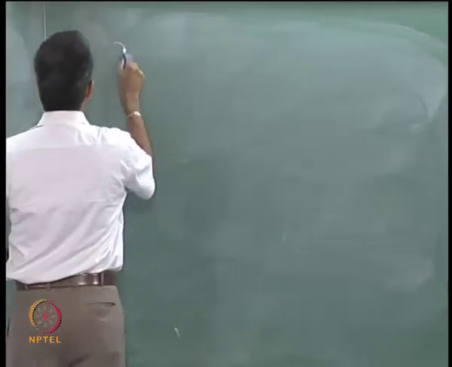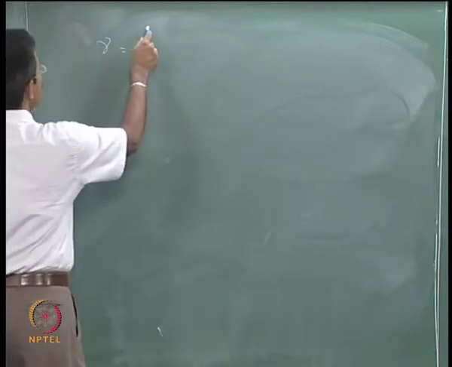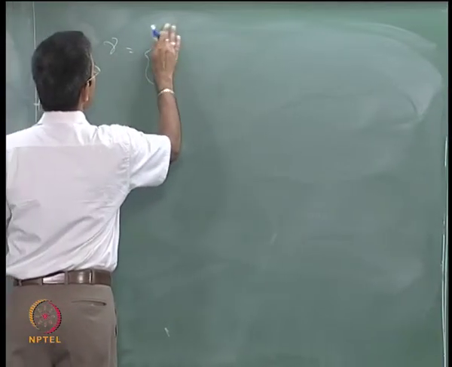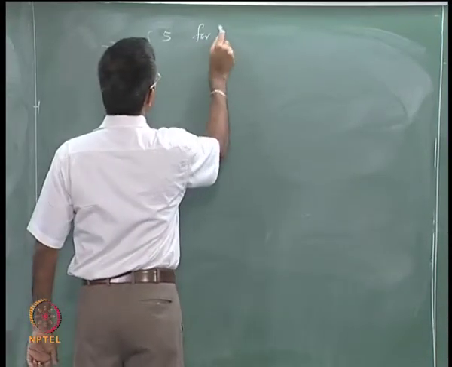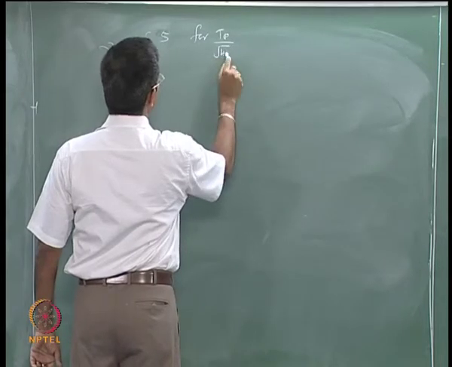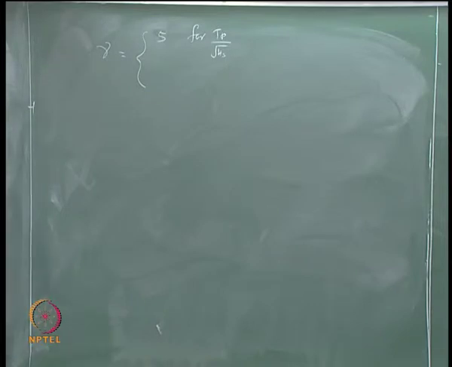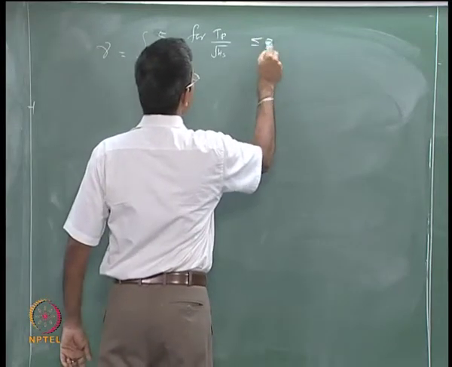Now, the peakedness parameter nu is also given by an equation which has two values. It can be equal to phi for Tp by root Hs less than or equal to 3.6.